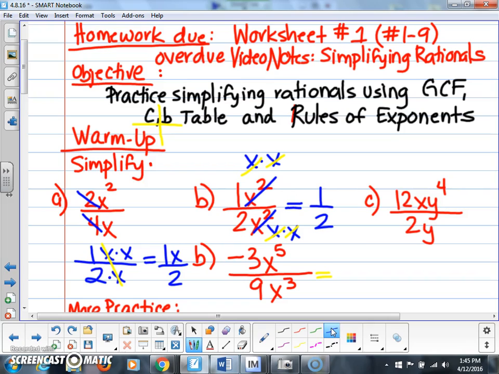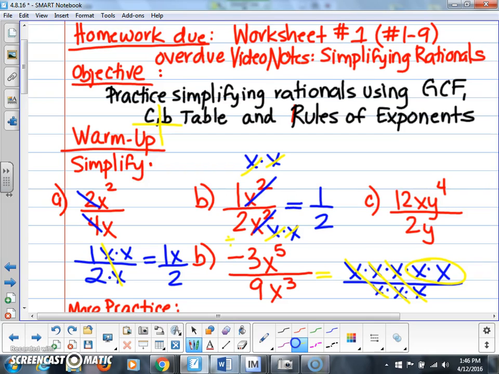It should be, let's go with the x's first. 5 x's on the top and 3 x's on the bottom. How many can I cancel out? 3. 1, 2, 3, and I'm left with x squared. What am I going to divide into negative 3 and 9? 3.